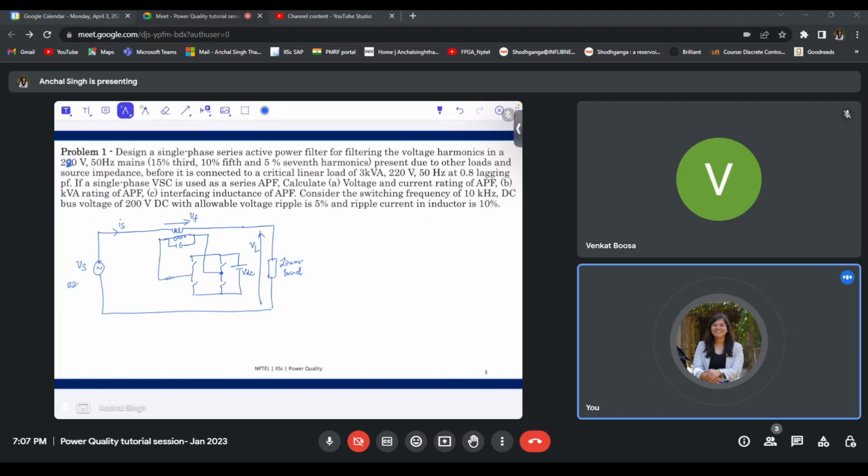So this is 220 volt 50 hertz system. And in the system we are given the third harmonic component as 15% of Vs. So 15% of 220 volts, which will come out to be approximately 33 volts.